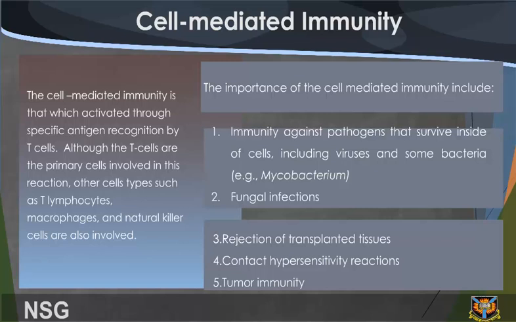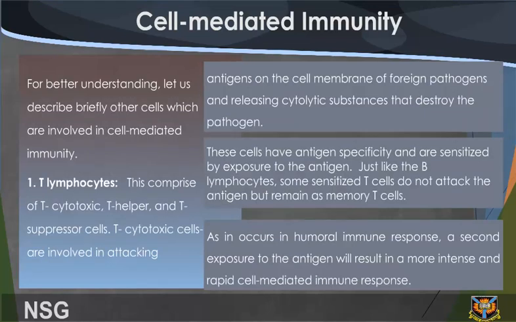5. Tumor immunity. For better understanding, let us describe briefly other cells which are involved in cell-mediated immunity. 1. T lymphocytes. These comprise T cytotoxic, T helper, and T suppressor cells.